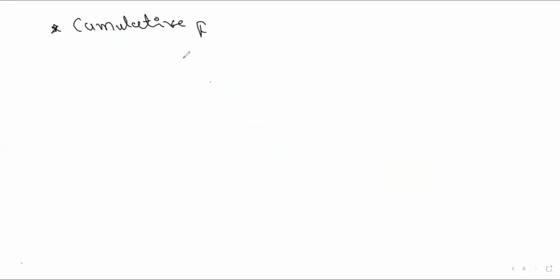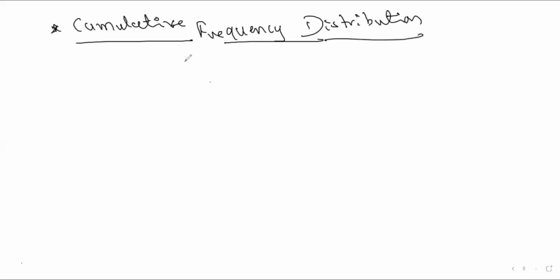Cumulative frequency distribution is nothing more, you are simply adding. But how to define it in statistics? Cumulative frequency distribution may be defined as total frequencies. Cumulative means total frequencies.